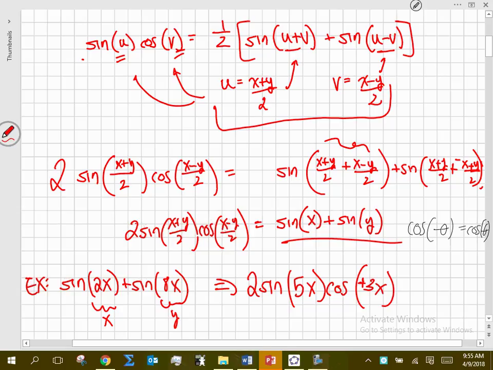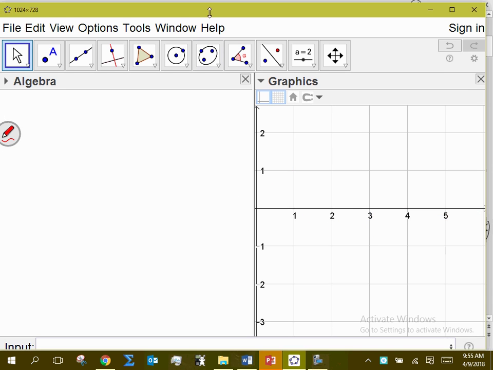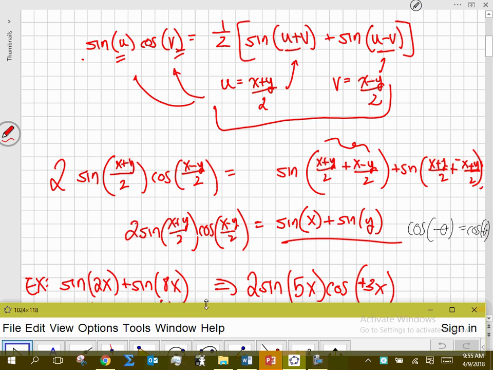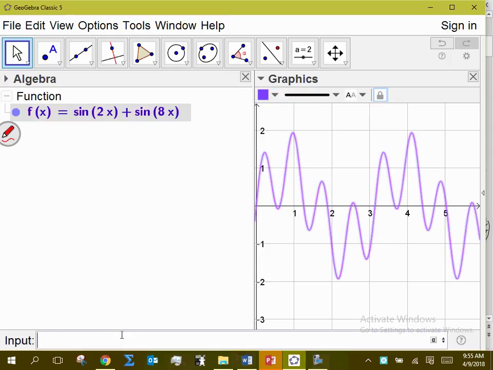Okay. So how do we gauge whether we've done that correctly or that relationship should exist? We can come to GeoGebra. I had sine of 2x plus sine of 8x. Pretty ugly looking graph. Okay. Is that then the same thing as 2 sine of 5x times cosine of 3x?